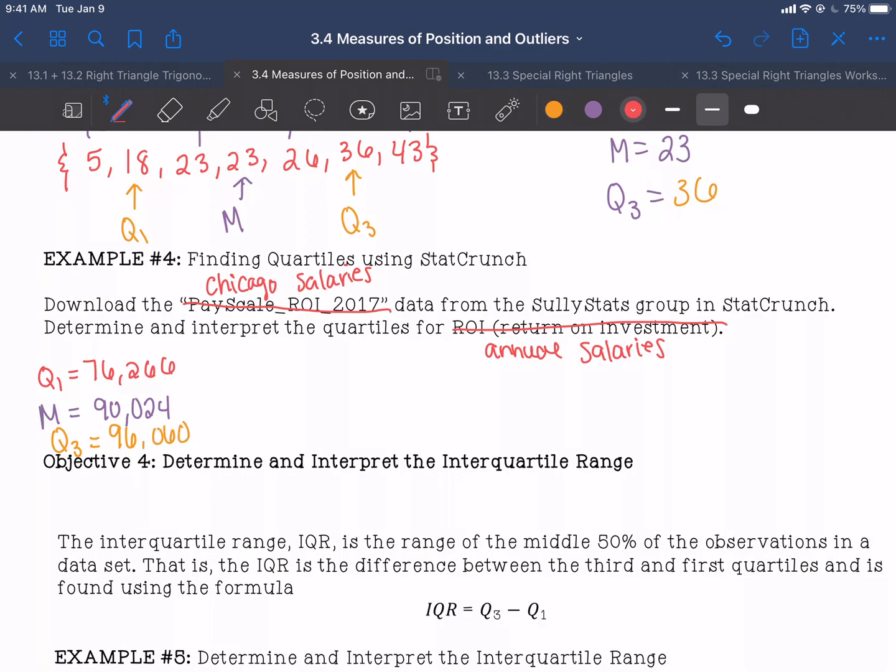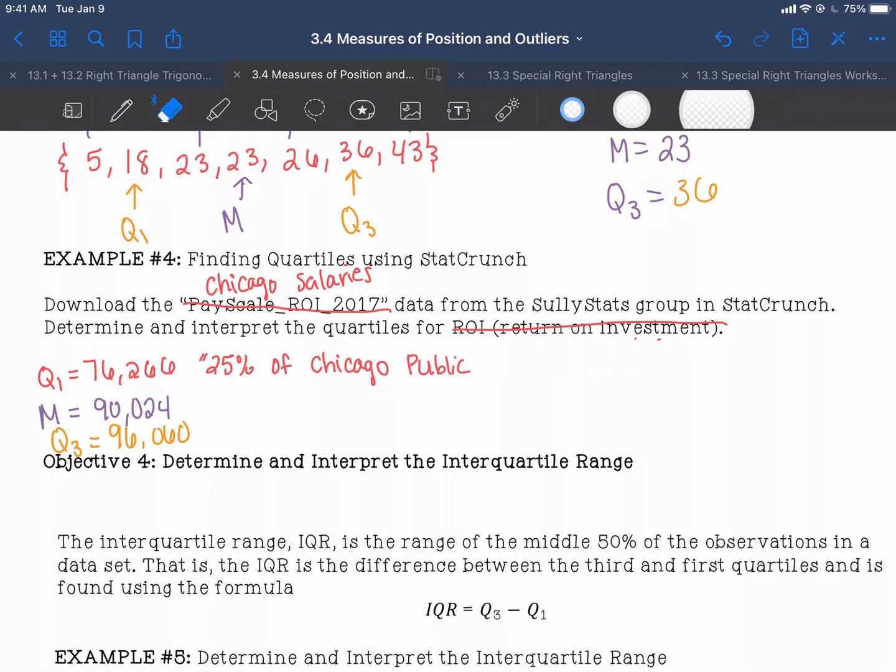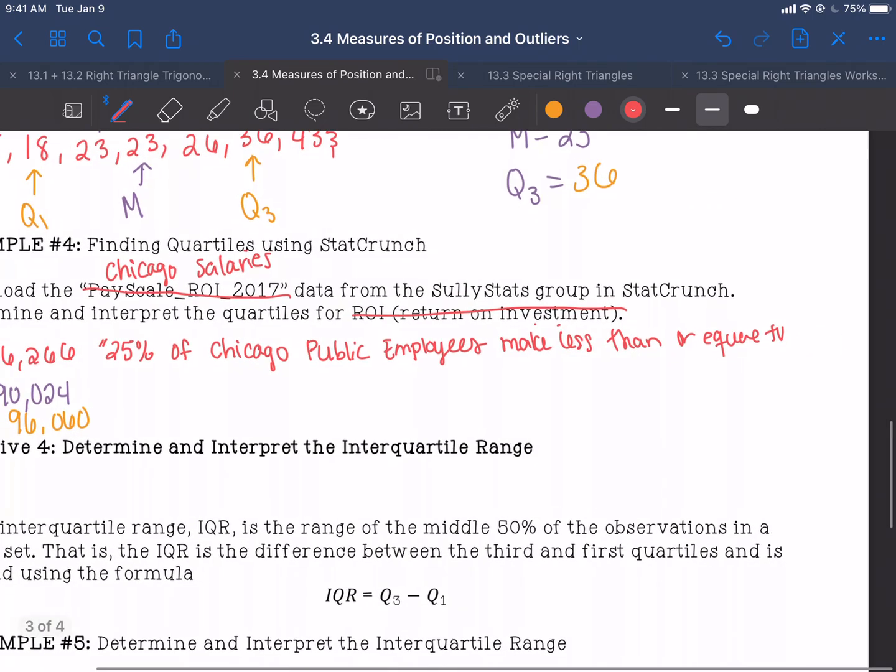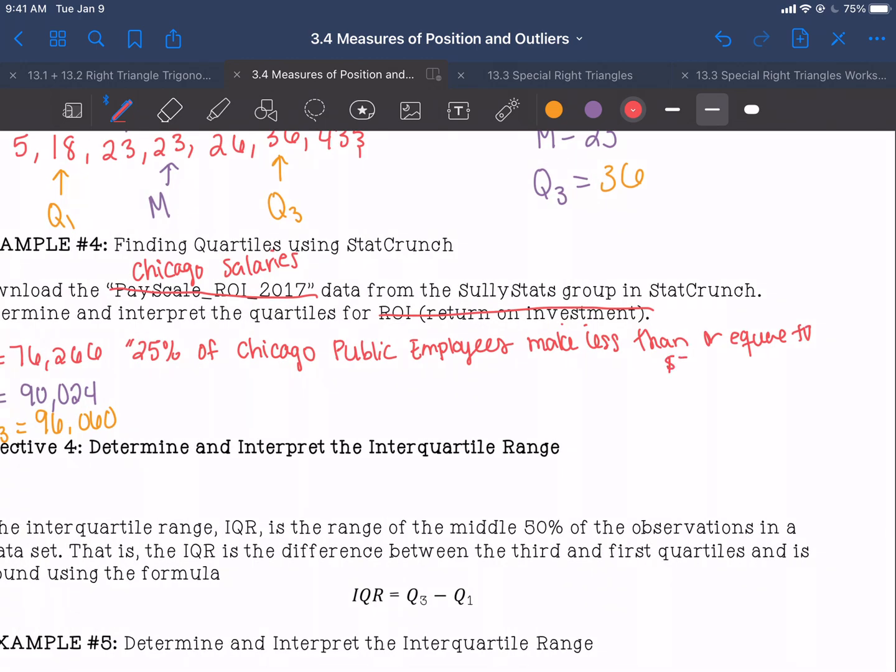So interpreting that, okay, so the first quartile means 25% of, we're talking about Chicago public employees, make less than or equal to $76,266 per year.